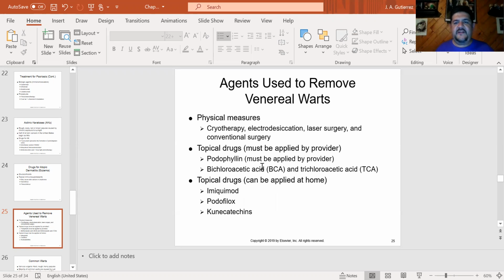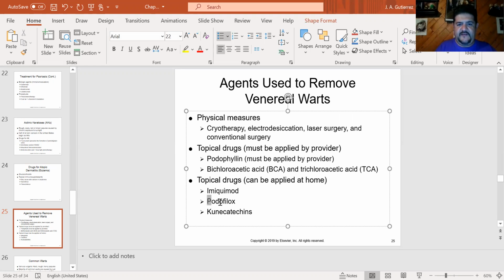These are topical drugs that basically dry the wart off. Because they're very toxic, it's better advised to have the doctor do it in the doctor's office. That way complications can be controlled. And for the ones at home, topical drugs, we have imiquimod and podofilox. Podofilox is a variation of podophyllin, but the strength is not as high as the one used in the office.